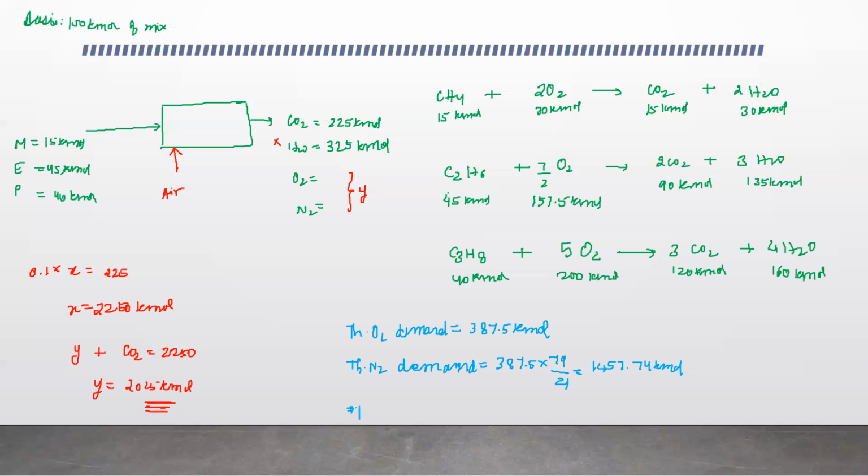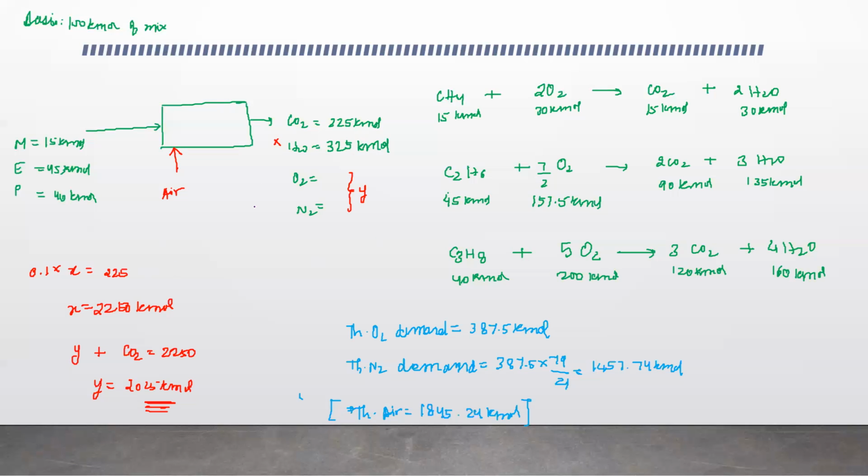And therefore, theoretical air is 1845.24 kilomole. We simply add these two. So theoretical air is 1845.24 kilomole.